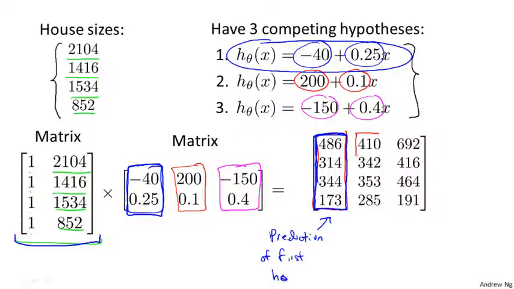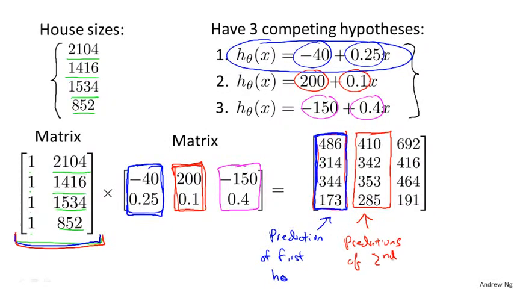And how about the second column? Well, how do you get the second column? The way you get the second column is, you take this matrix and you multiply it by this second column. And so the second column turns out to be the predictions of the second hypothesis up there. And similarly for the third column.